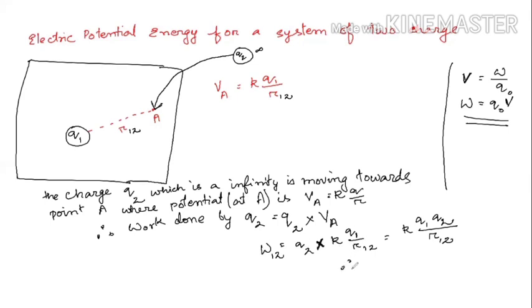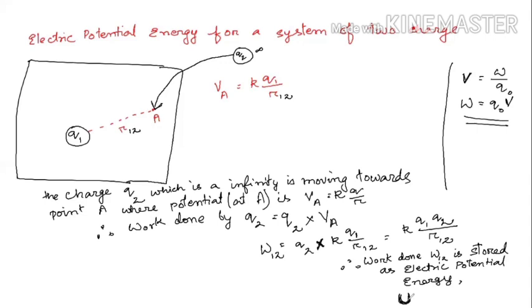So therefore, work done W12 is stored as electric potential energy, and we represent it by U. So this U is nothing but K Q1 Q2 by R12.